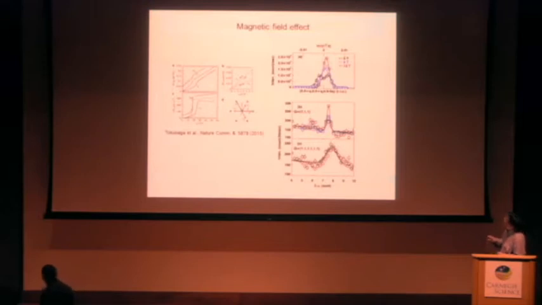And the last figure I want to show is a confirmation where we look at the magnetic field effect. So basically, if this model is correct, under this picture, if we are able to affect the coupling between the spin cyclic spin structure and the polarization in any way, then it may also affect this phonon resonance. We were able to apply a big magnetic field, like 13 Tesla.